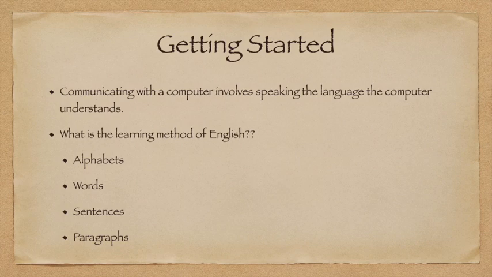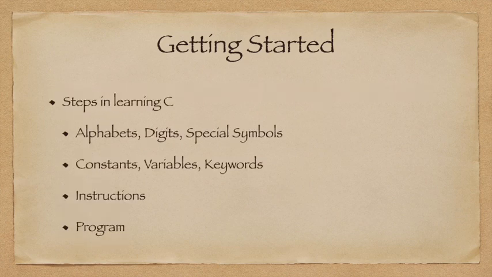Then we learned words: dog, cat, mat, etc. After that, we started learning the concepts of prepositions, pronouns, verbs, and adverbs, and we learned how we can connect the words to form a sentence. After learning how to form sentences, we looked forward to developing paragraphs on a particular topic. So those are the stages that we need to follow in order to learn the English language.